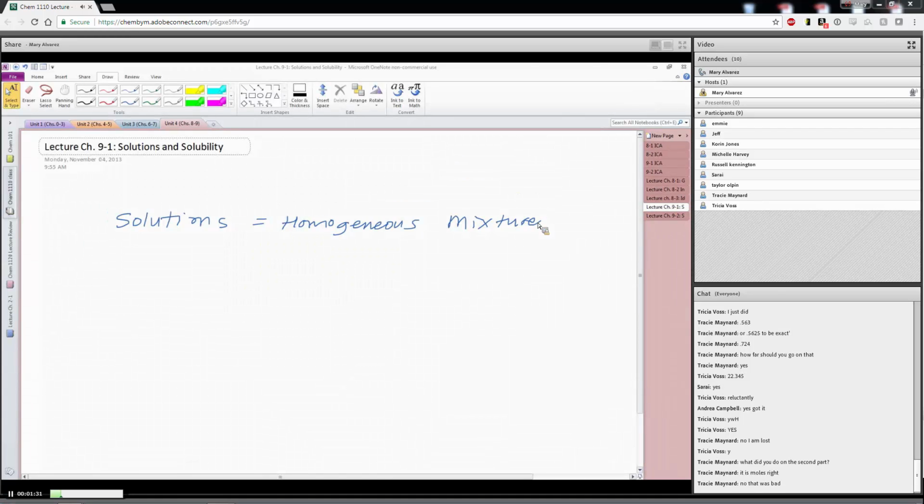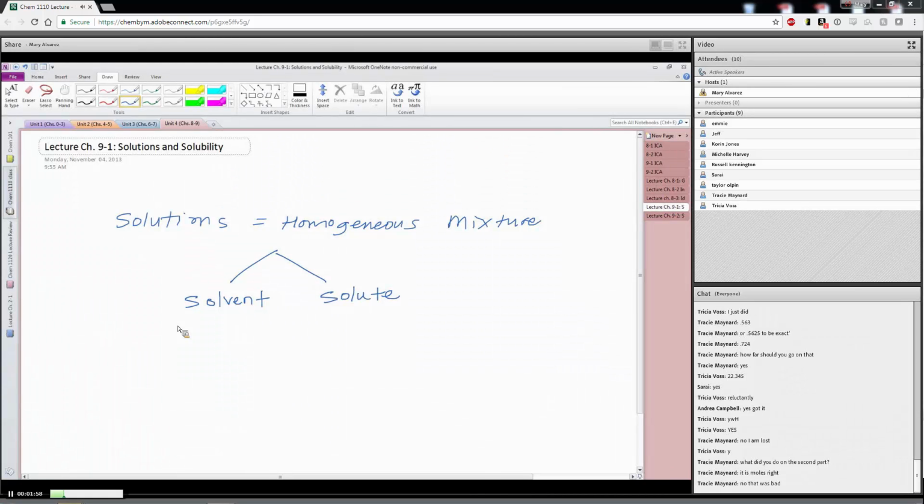In our mixture, we usually have two things: the solvent and the solute, and you need to know the definitions of these: the solution, the solvent, and the solute. The solvent is, generally speaking, the liquid that other things dissolve into. I say generally speaking because you can have homogeneous mixtures that don't have a liquid as a base.